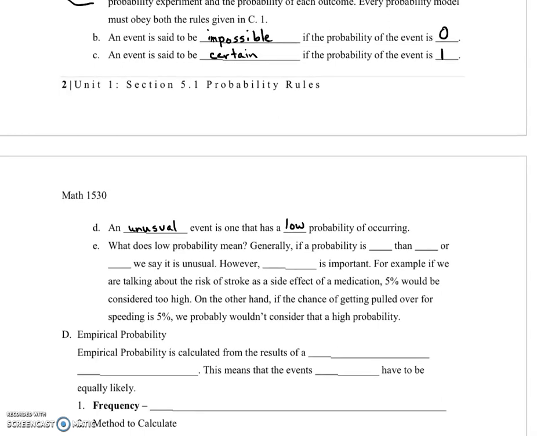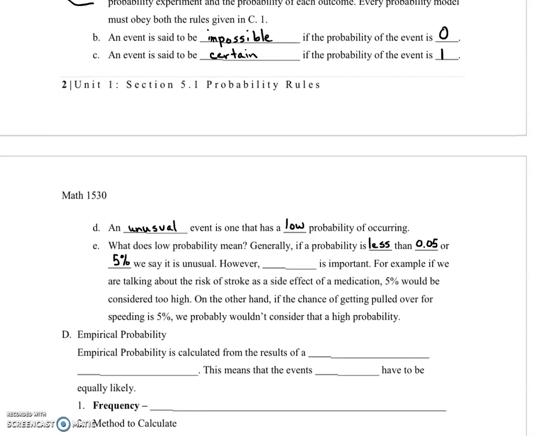So what does that low probability mean? Well, generally we say if the probability is less than 0.05 or 5%, we say it's unusual.